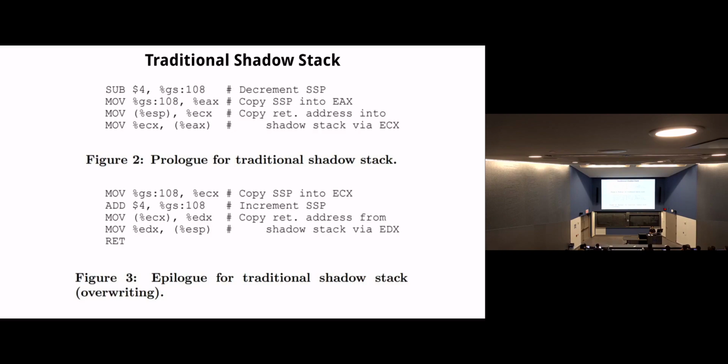So when we move what ESP points to into ECX, we make a copy of that return address from the stack to the register ECX. Then we move ECX to what EAX points to. So we just make another copy of that return address onto our shadow stack, on top of the shadow stack.